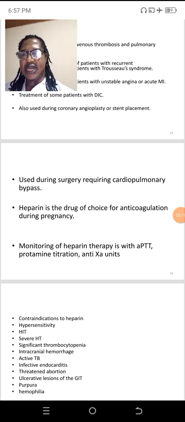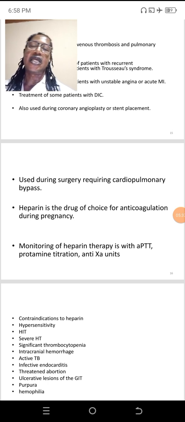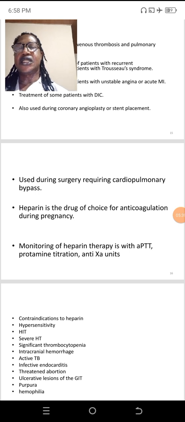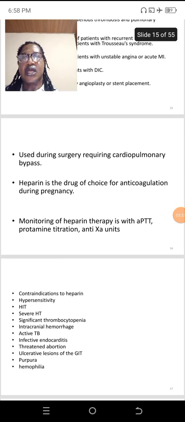Protamine sulfate is administered at a dose of 1 milligram of protamine for every 100 units of heparin that is still left in the patient. But we should note that protamine itself can have an anticoagulant effect, and this is caused by interaction with platelets, with fibrinogen, and with some other plasma proteins.